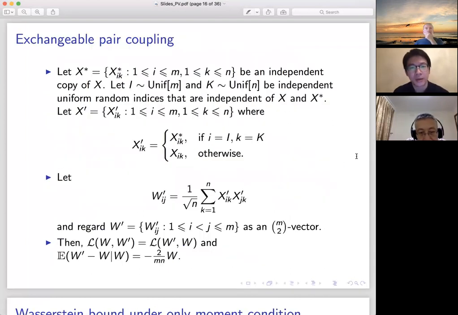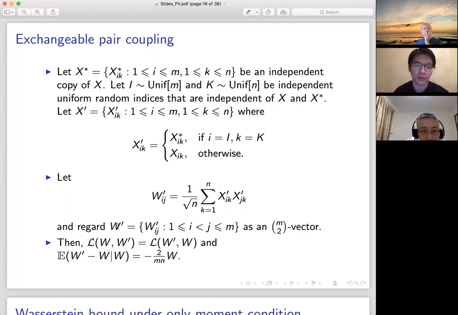In this case, we can construct an exchangeable pair coupling very naturally. We have the original matrix X, we randomly pick one entry in the n by m matrix and replace it by an independent copy, and call the new Wij created by this perturbed matrix W prime.